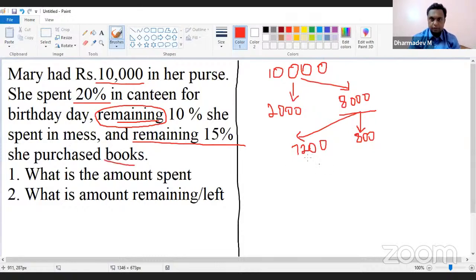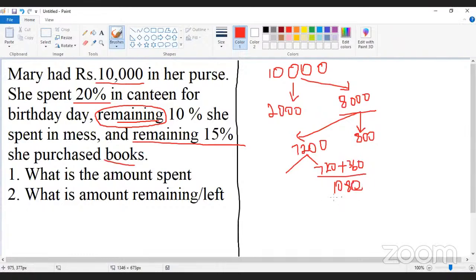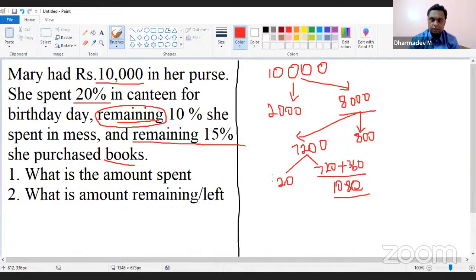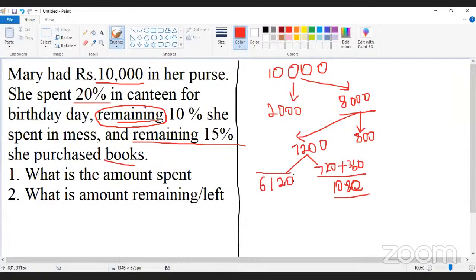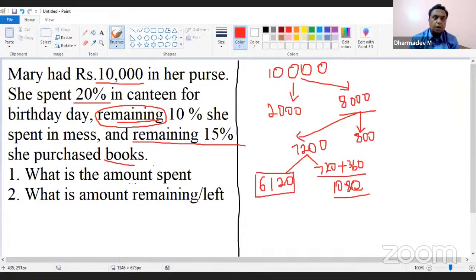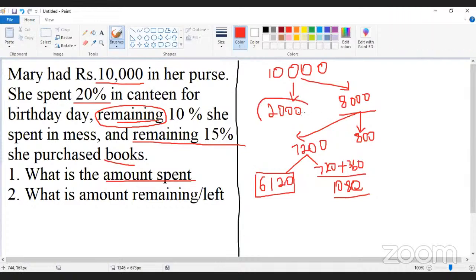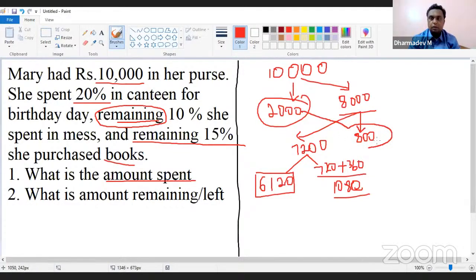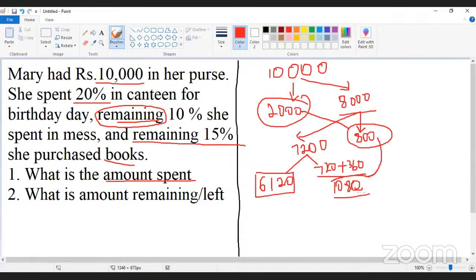Now next, she spent 15% of the remaining on books. So 10% of 7,200 is 720, 5% is 360. Together it is 15%, so 1,080. So what is remaining? 6,120. Yes, 6,120 is left. So what is the amount spent? 2,000, 800 and 1,080, so that is 3,880.